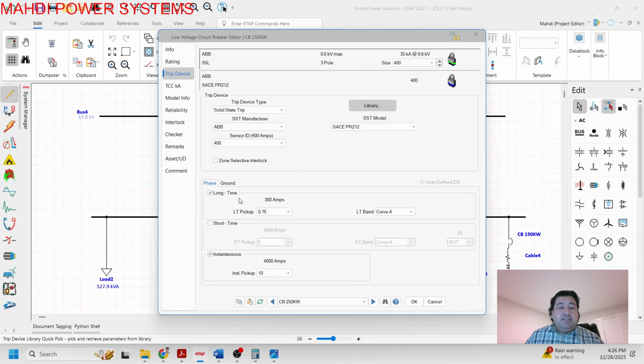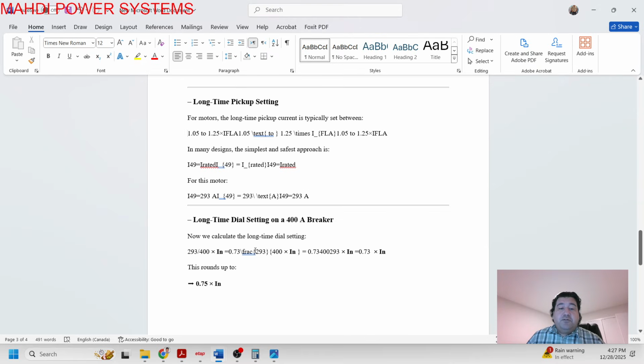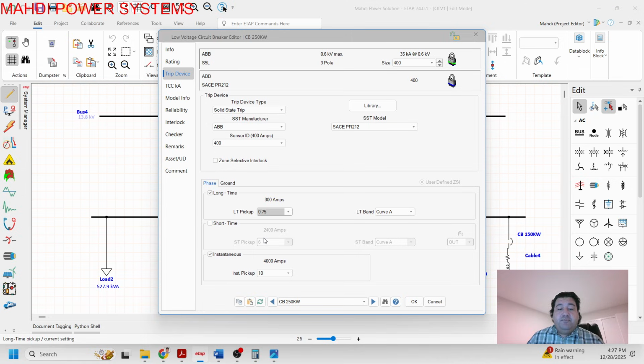Let's look at the trip unit. If you see, the trip unit starts at 40%, goes up to 70 and goes to 75, 0.75. But the number we acquired is 0.73. We round up 0.73 to the next standard setting.